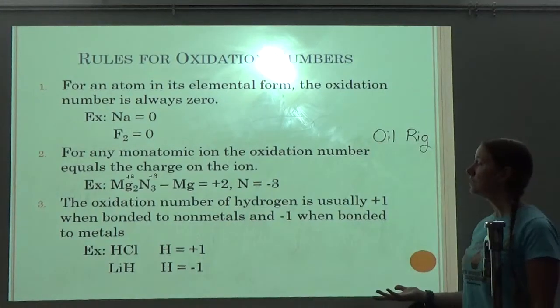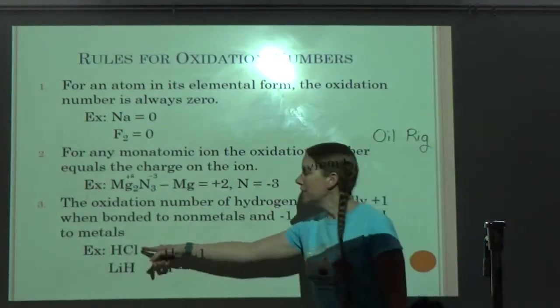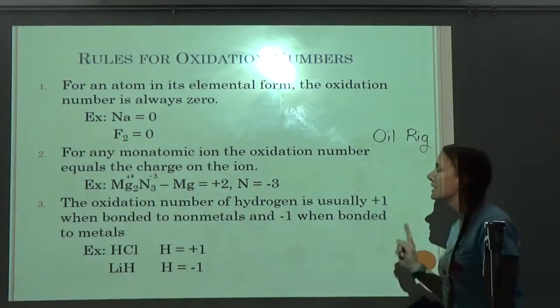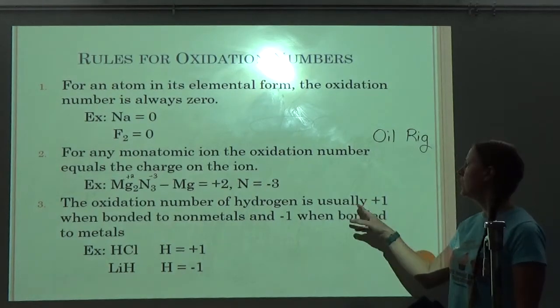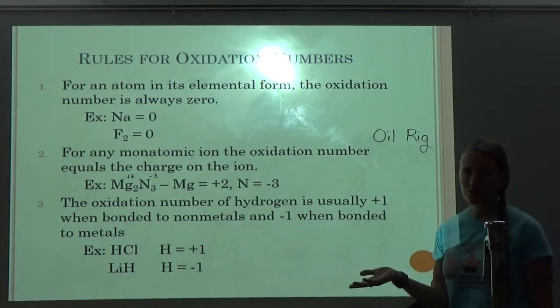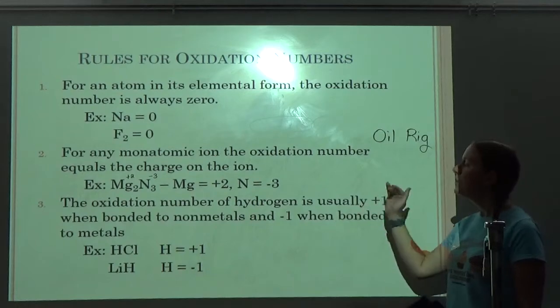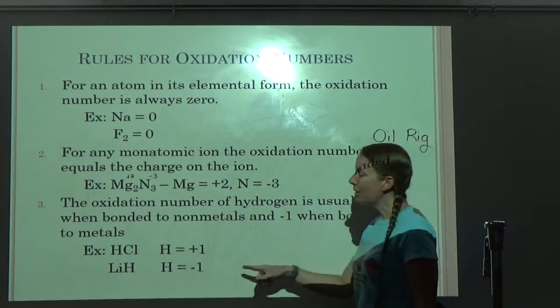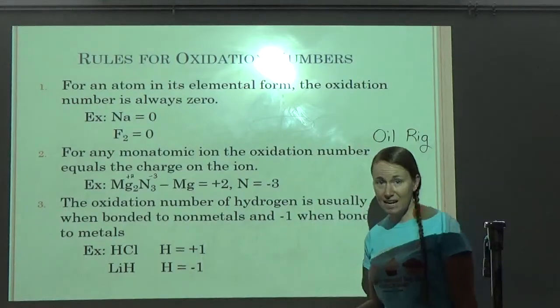The oxidation number of hydrogen is usually positive 1, so like in HCl it's positive 1, except when it's bonded to a metal. Sorry, I thought I had a typo there, but I was just not reading it correctly. So it normally is positive 1, but if it's bonded to a metal, like we have lithium hydride here, it's a negative 1.